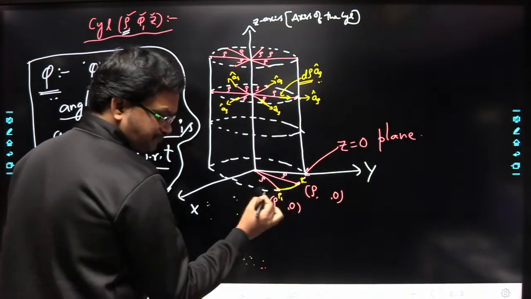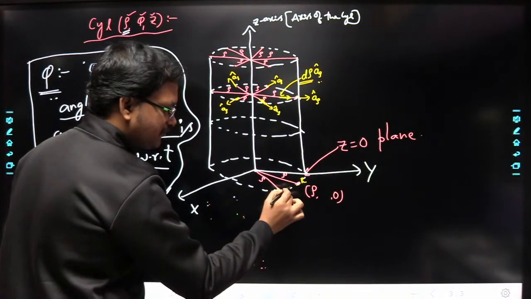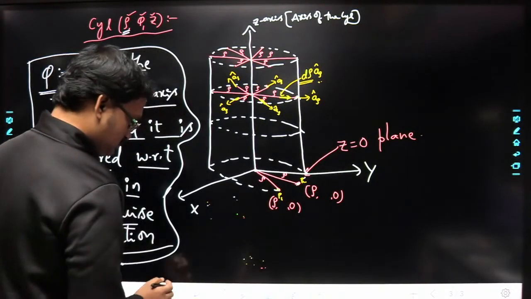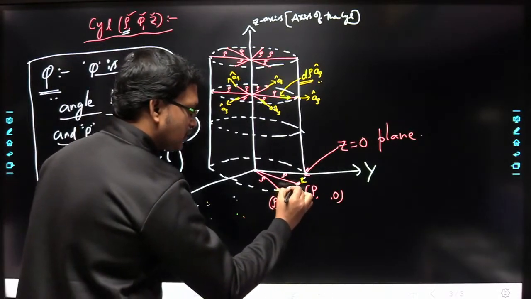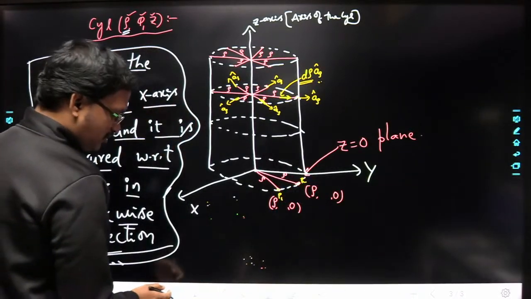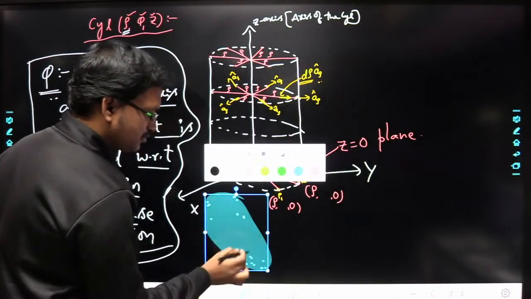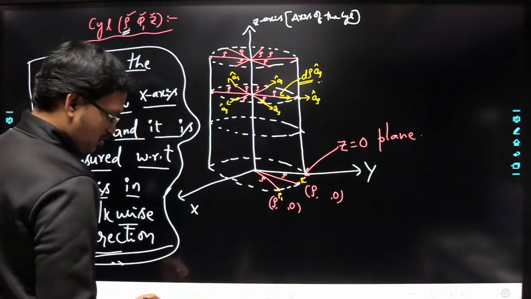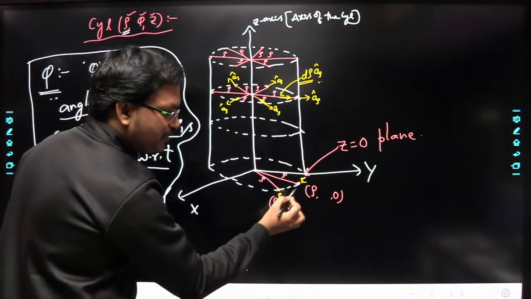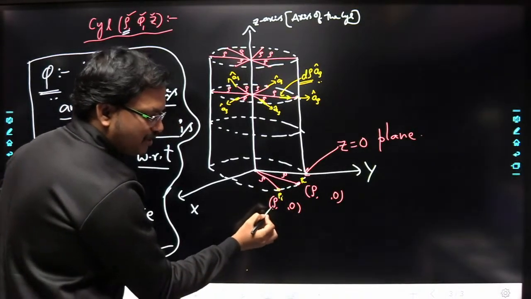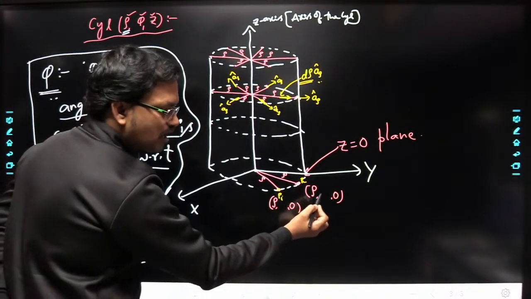Understood? Okay, that means see, listen here. Now if you observe P1 and P2 here, P1 has the coordinates rho comma 0, and P2 is also having the coordinates rho comma 0.